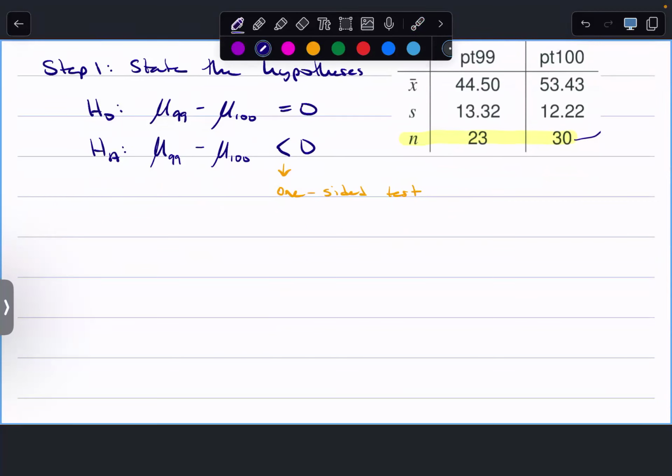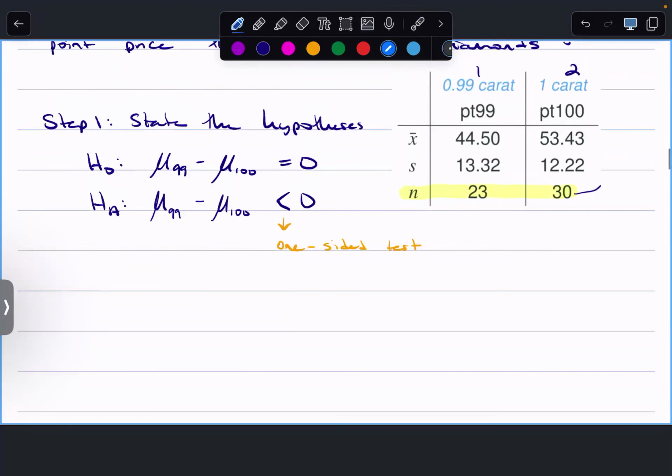Okay, so here, this is X bar for 99 points. This is X bar for 100 points. This is S for 99 and S for 100, N for 99 and N for 100. If we wanted to use question-specific subscripts, that gets really annoying really quickly when we calculate our test statistic.